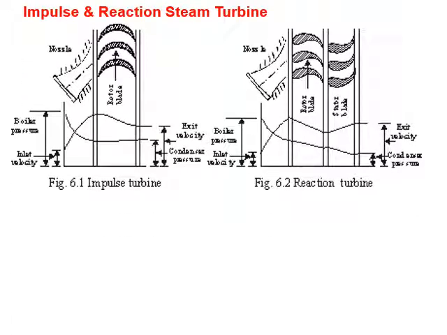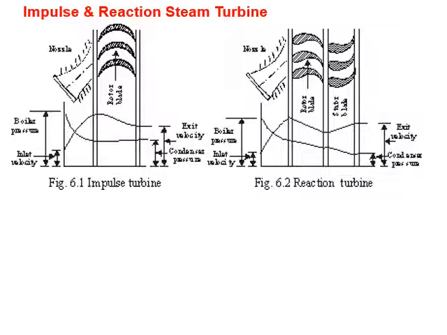Next, what are the differences between impulse and reaction steam turbines? See the construction of the impulse and reaction steam turbines, and the arrangement of the nozzle and moving blades in the impulse turbine. Figure 6.1 shows the construction of the impulse turbine.